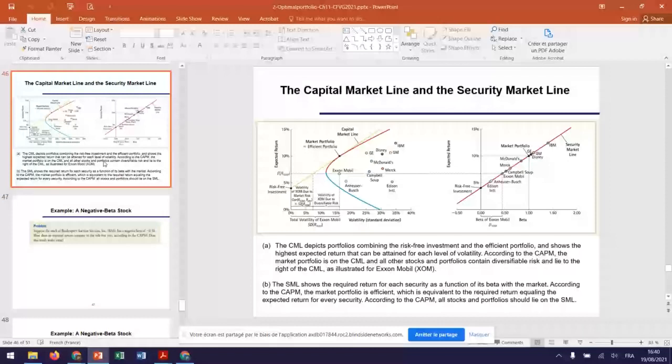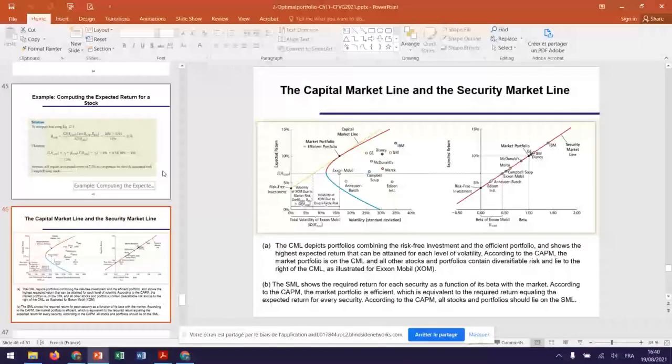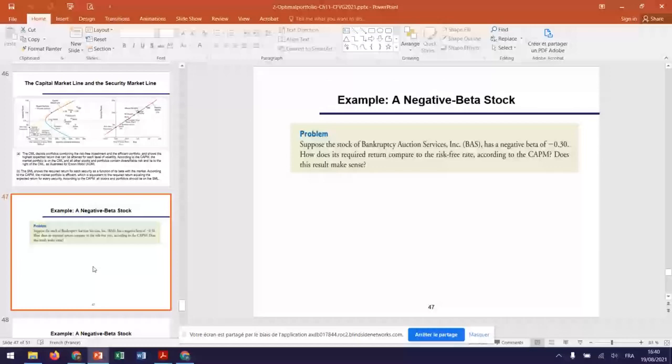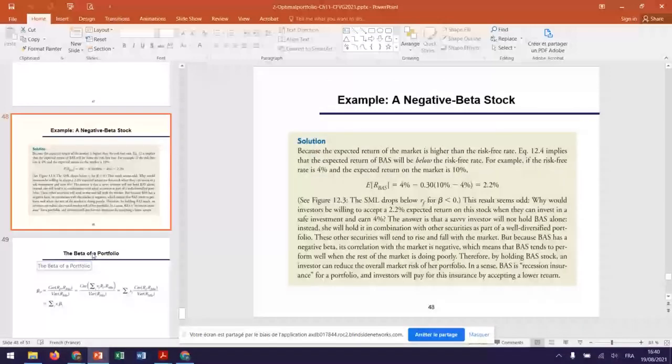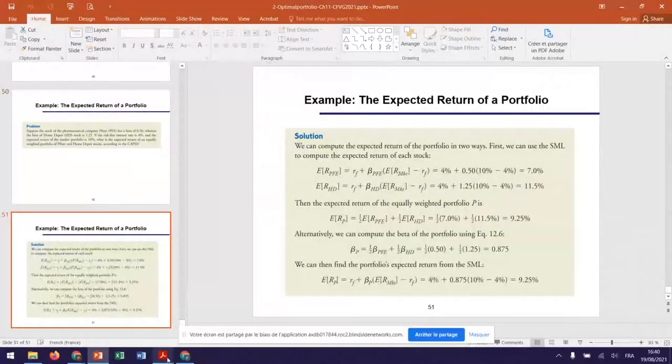I am still a little ahead of schedule. I can come back later, tomorrow, to show you this graphic and solve some problems together on the problem set.